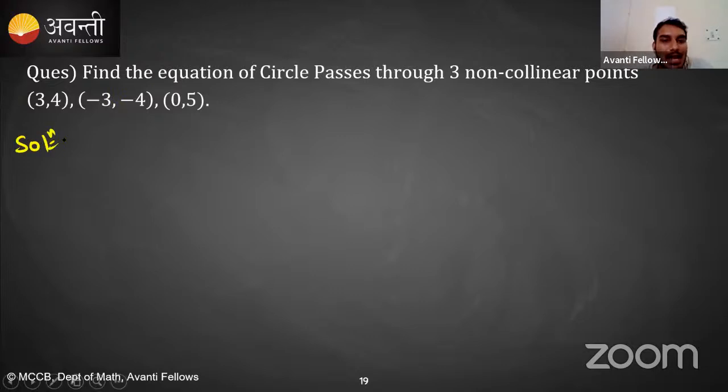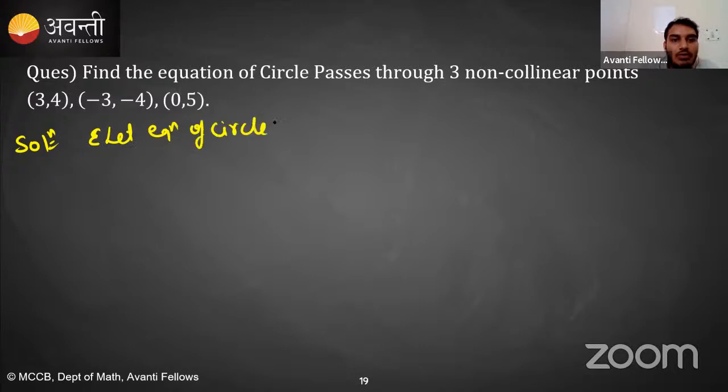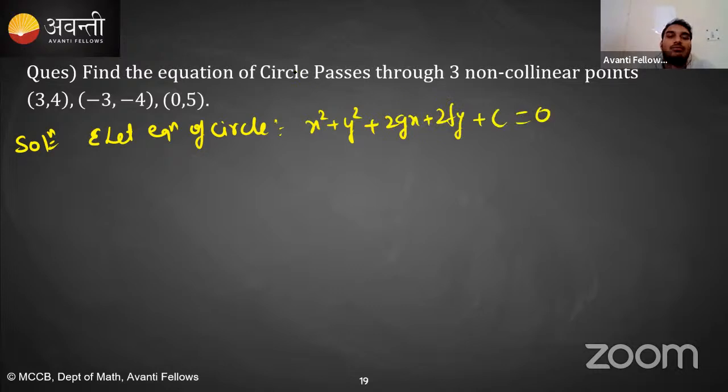Dekho, whenever this type of question comes, that you have to find the equation of circle that is passing through the 3 non-collinear points, then let the equation of circle be x square plus y square plus 2gx plus 2fy plus c is equal to 0. Clear? That the equation of circle is this.